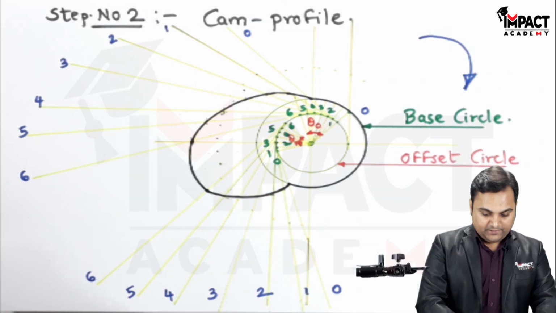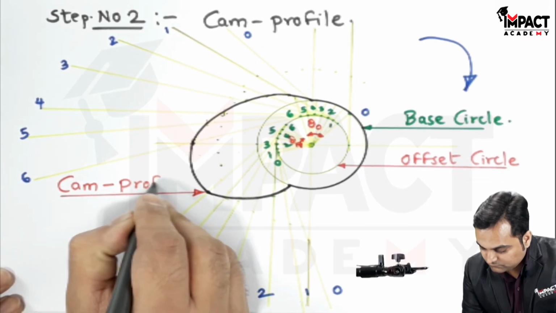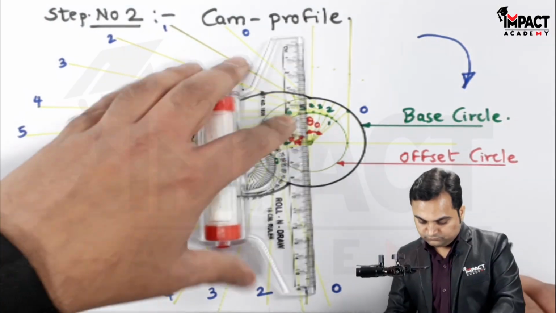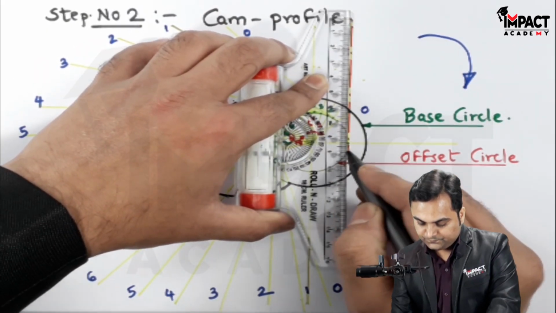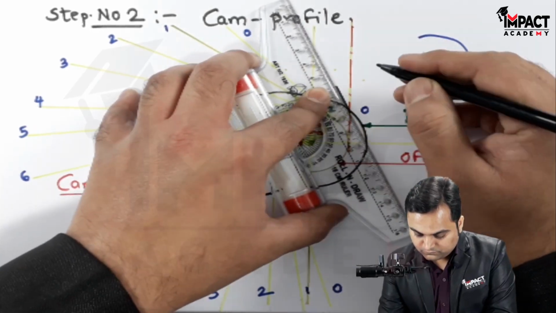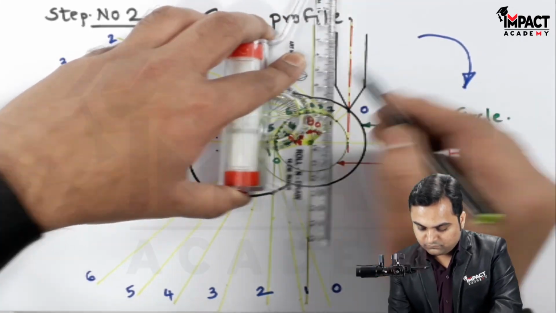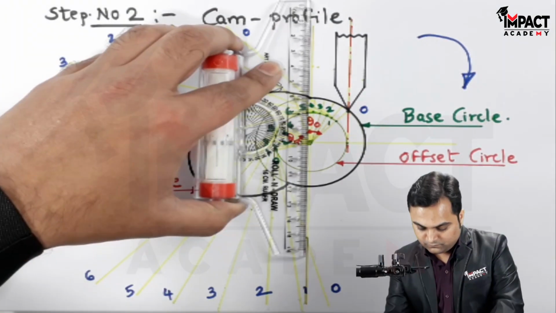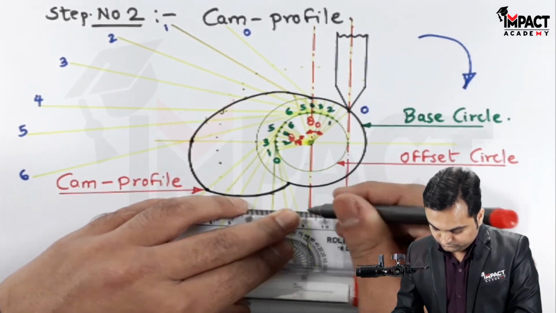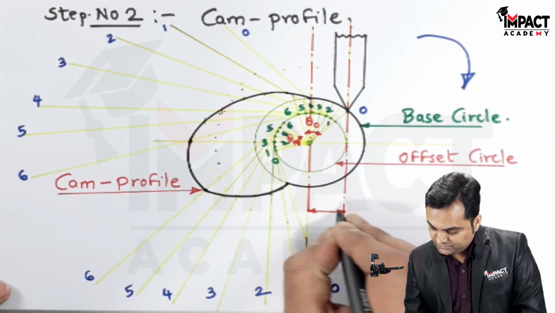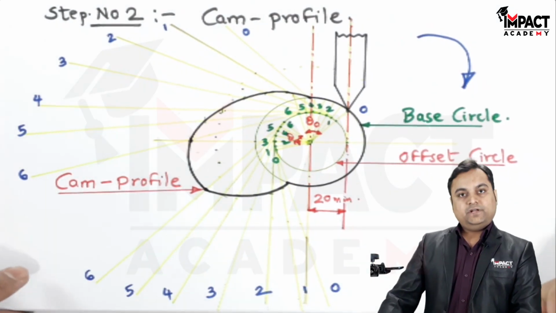So this is the cam profile. Axis of the offset knife edge follower. So this is the offset distance of 20 mm given in the problem for the knife edge follower.